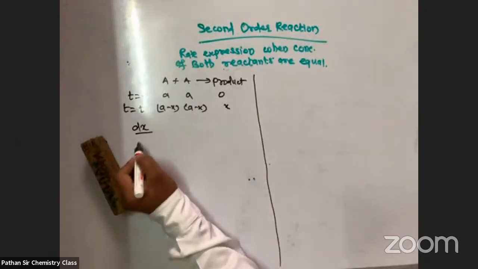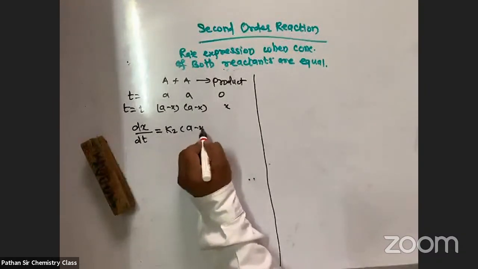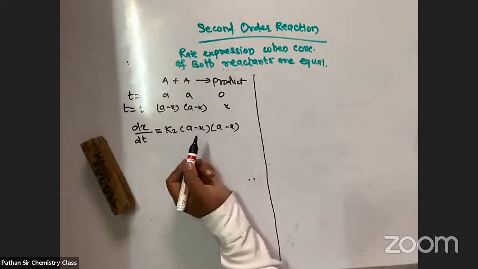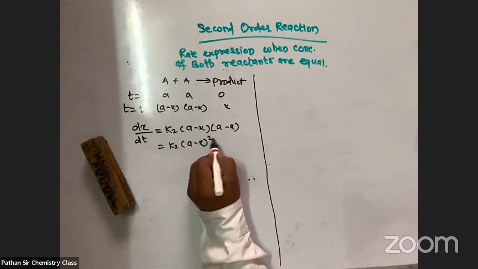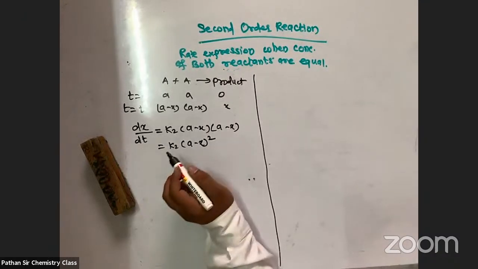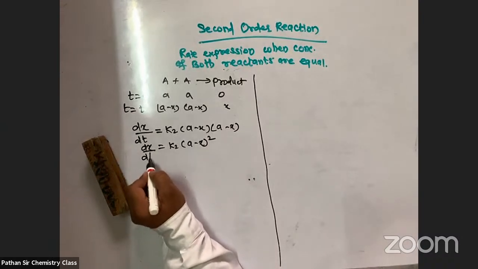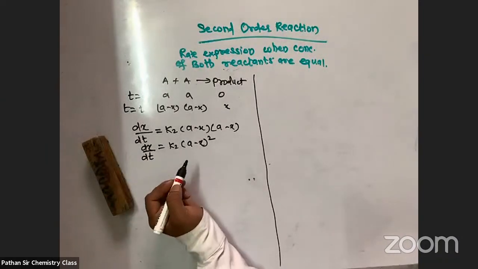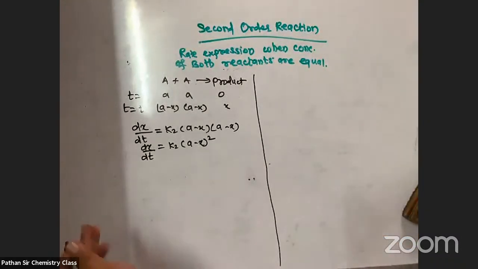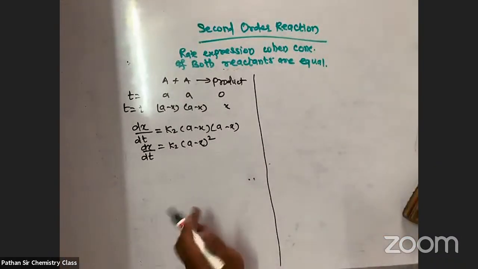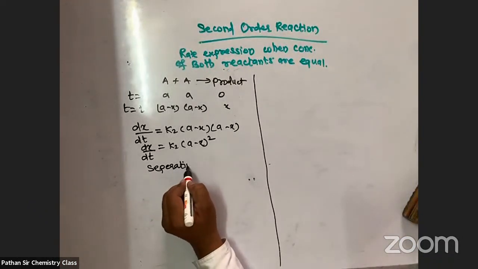So rate expression is dx upon dt is equals to k2 into (a minus x) into (a minus x), or k2 into (a minus x) to the power 2. असं सुद्धा लिहू शकता. So dx upon dt is equals to k2 into (a minus x) to the power 2 or square. ठीक आहे. Then as usual, जसं zero order, first order मध्ये आपण केलं तसं इथे सुद्धा पुढची स्टेप आहे separating variables.